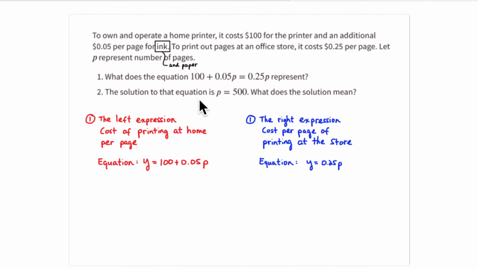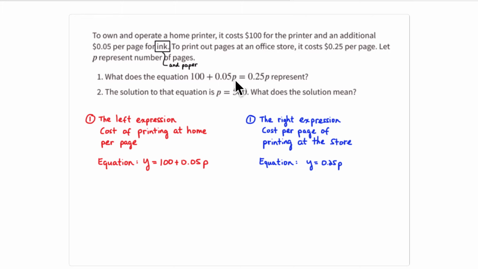All right, so how do you figure out the number of pages that has an equal cost? Well, you use this equation right here. This is saying that the cost on this side is for printing at home, and the cost on this side is printing at the store. So if you set those two costs equal to each other, the same cost to print at home or print at the store, P is going to be the number of pages where that cost is equal.